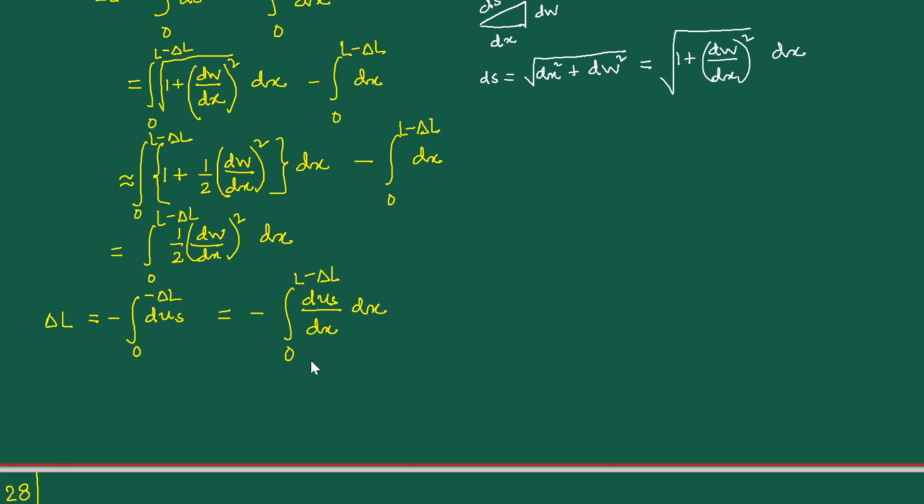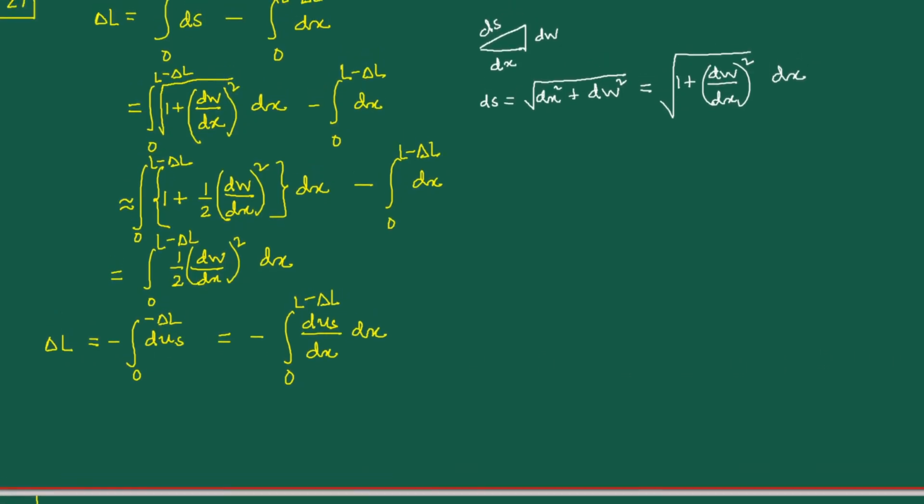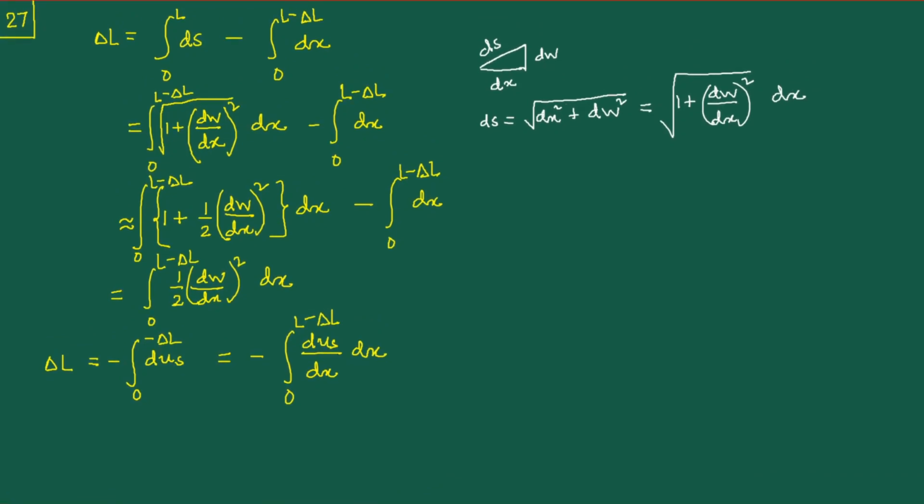Now, because we have obtained this expression for delta L, and earlier we had obtained this expression again for the delta L in terms of the dw dx square.